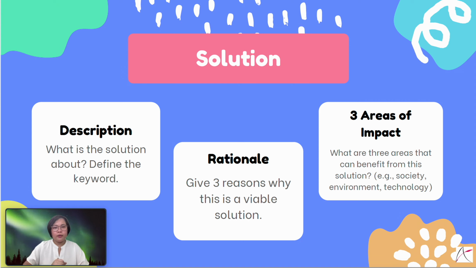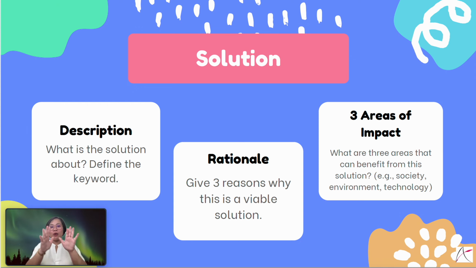They don't need to be separate. But please identify 3 reasons why this is a viable solution, because it's going to make your research more convincing. If you can give me 3 reasons why I should do it, then most probably I'm going to do it.